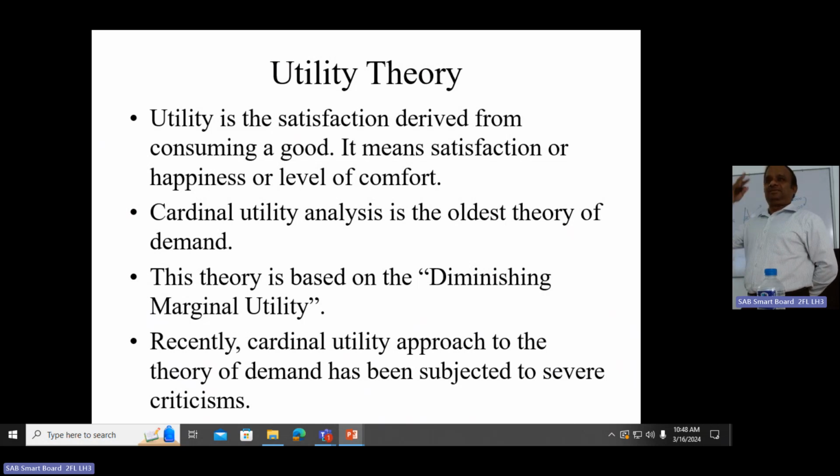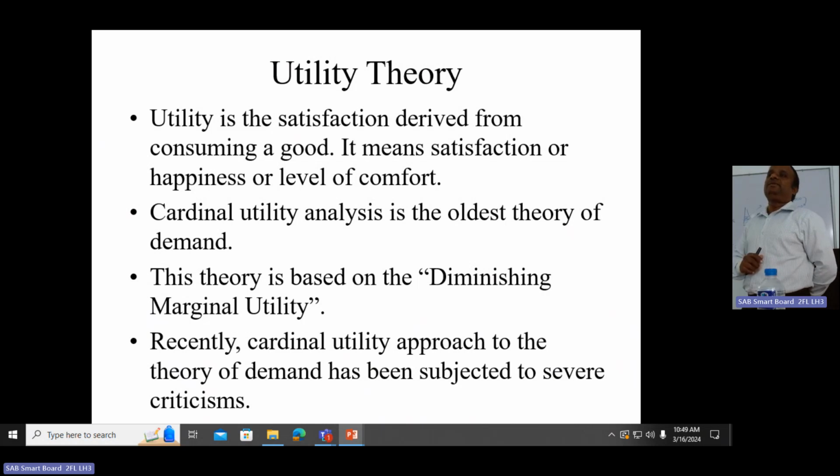The second gives certain satisfaction, and total utility is maximized. But when you go to the third, fourth, fifth, you get fed up with orange juice. Finally, you reject it. So the extra cup of orange juice gives you a lower level of satisfaction. It continuously decreases.